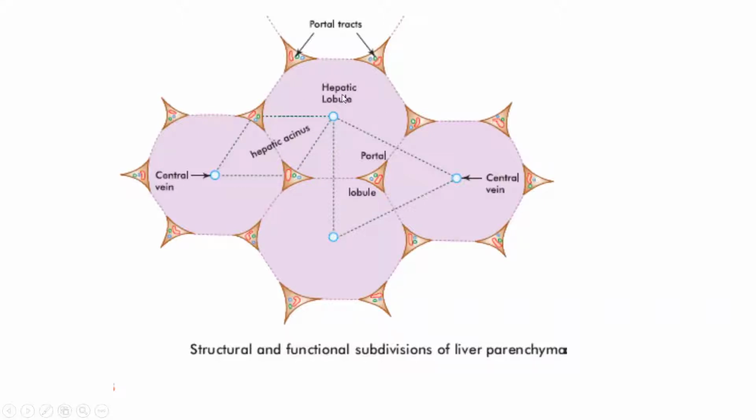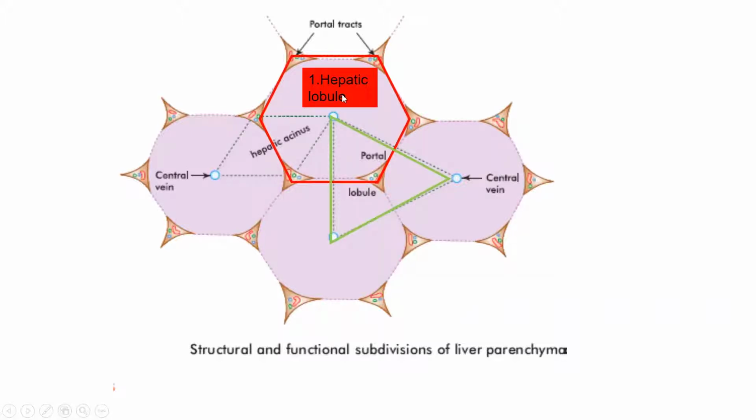Classic liver lobule is hexagonal in shape. The portal lobule is triangular in shape.